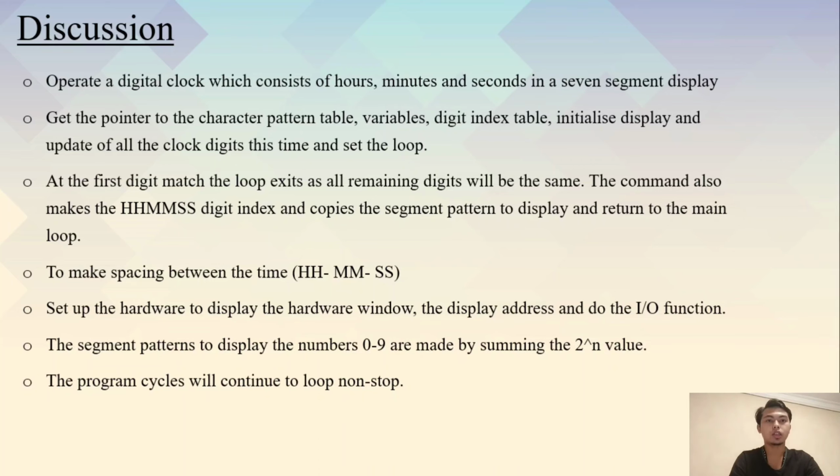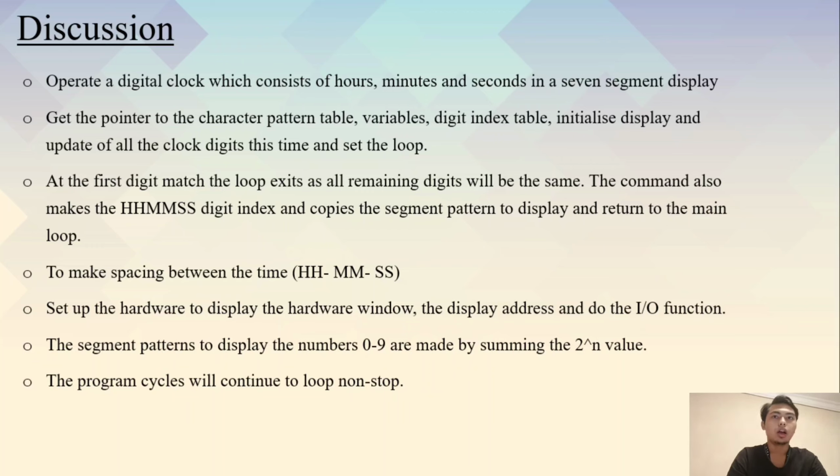Okay, firstly in discussion, to operate a digital clock which consists of hour, minutes and second in 7 segment display, we have to get the pointer to the character pattern table, variable, digit index table, initialize display and update all of the clock digits and set the time loop.